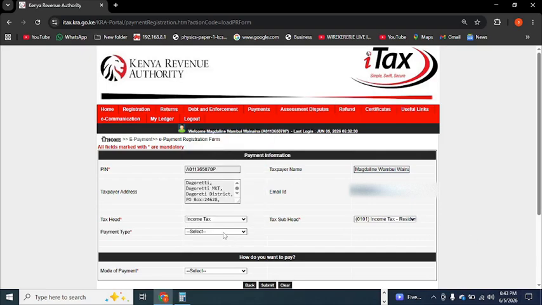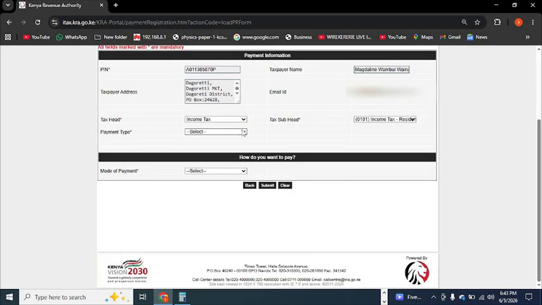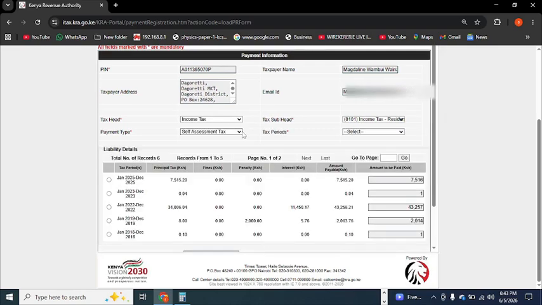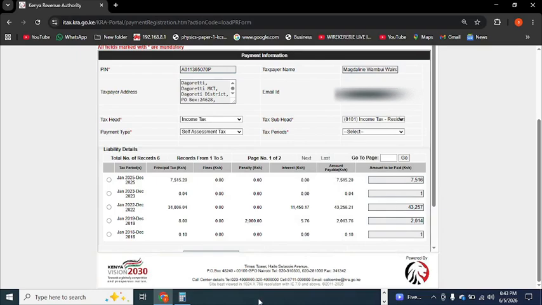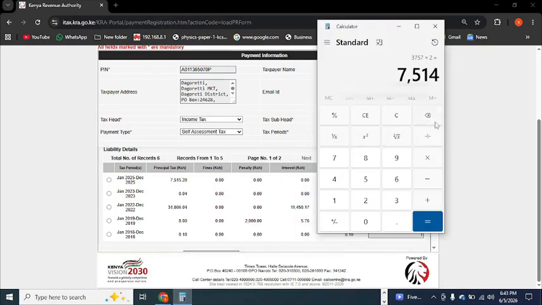So let me ensure it has populated the data. So I need to choose the payment method here. Just a minute, and you see the value in my calculator is equivalent to this value. It's just a rounding off difference. So you can see the value on my calculator is 75.